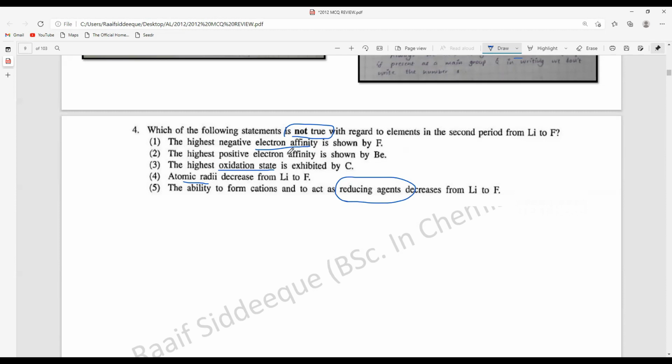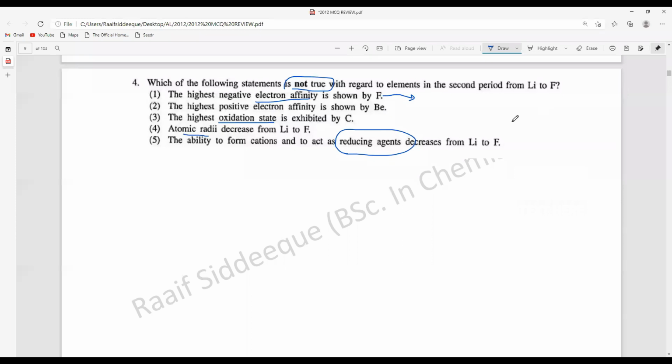As I explained in the previous class, electronegativity is the ability to pull electrons towards oneself. From lithium to fluorine, you have lithium, beryllium, boron, carbon, nitrogen, oxygen, fluorine. Electron affinity means you are going to put an electron in.